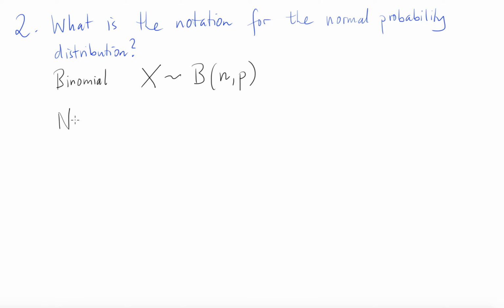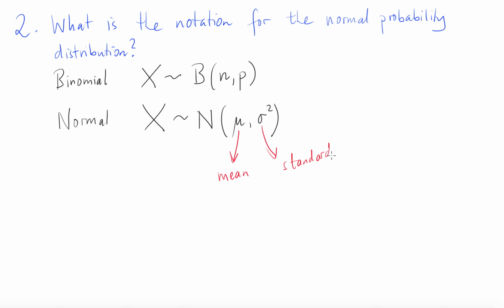For the normal distribution, if x is normally distributed, we write x is normally distributed with a mean mu and a variance sigma squared. So we have to know the mean of our data, and we have to know the standard deviation, and then square it in order to find the variance.